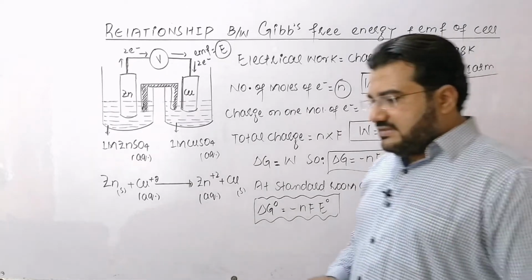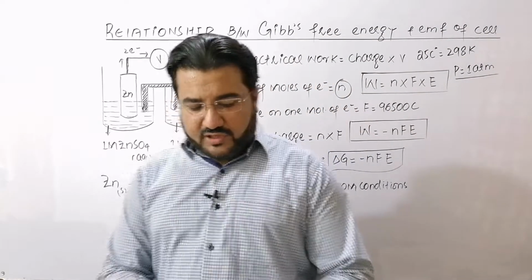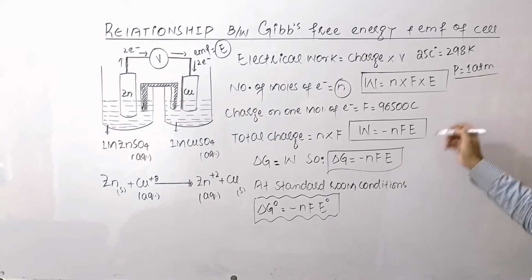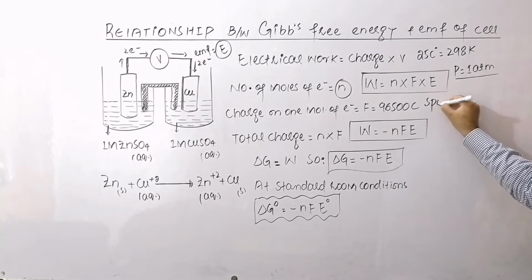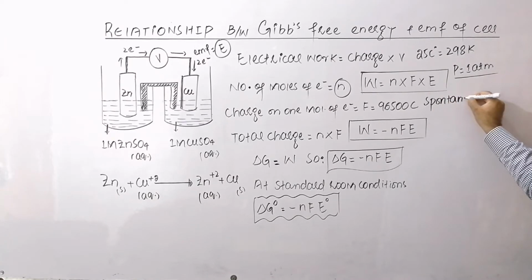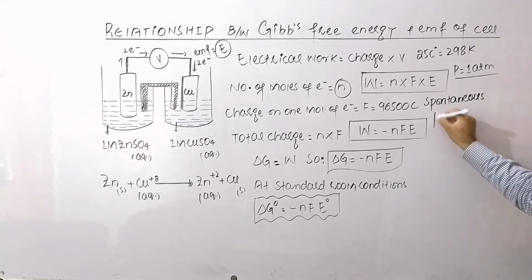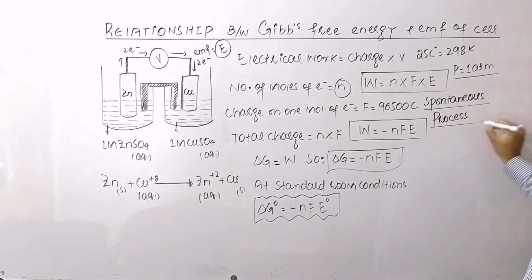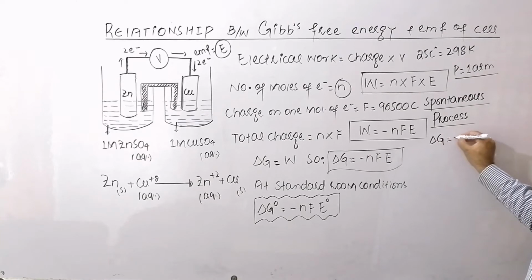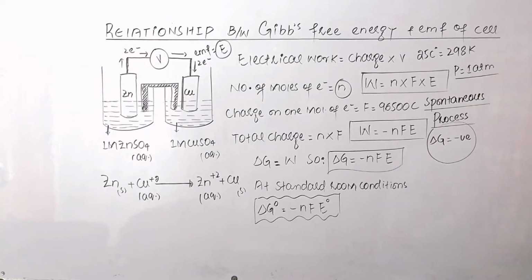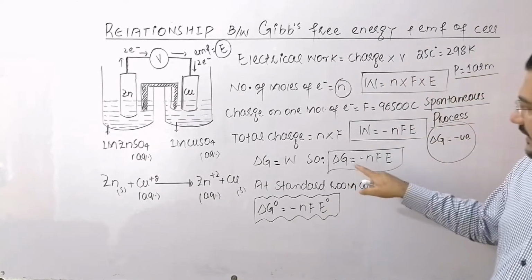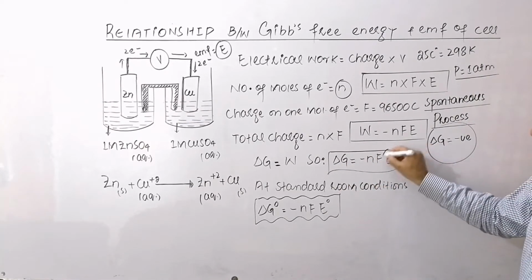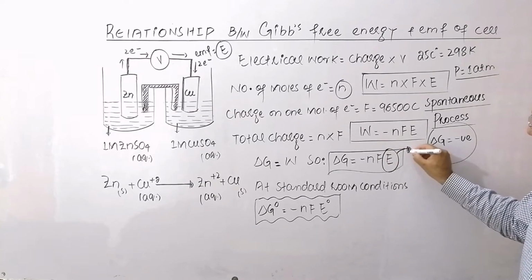Now my dear students, listen very carefully: for any process to be spontaneous, you know in thermodynamics you have studied that for all spontaneous processes, delta G is always negative. Now listen very carefully. If delta G should be negative, then E should be positive.